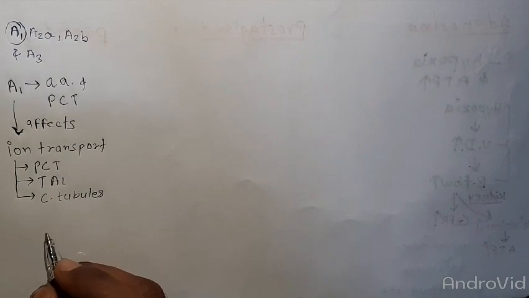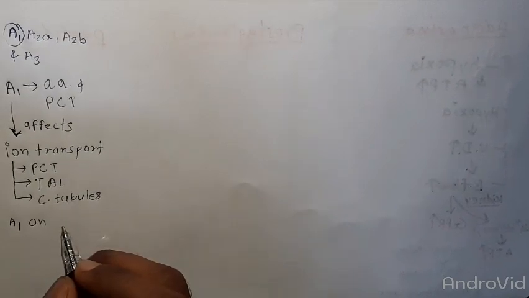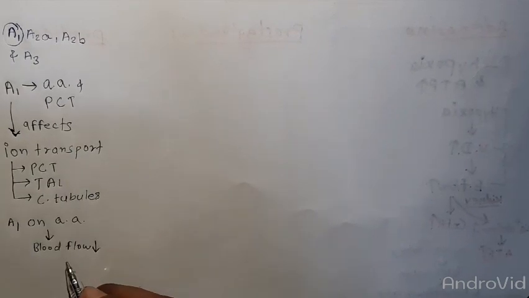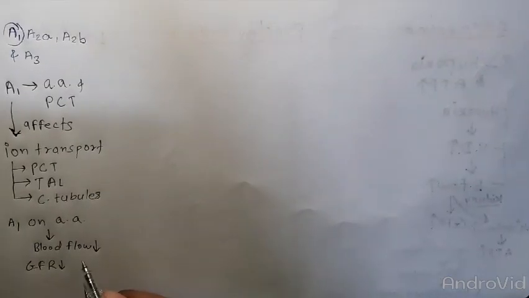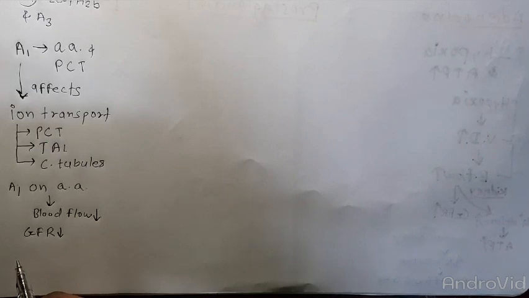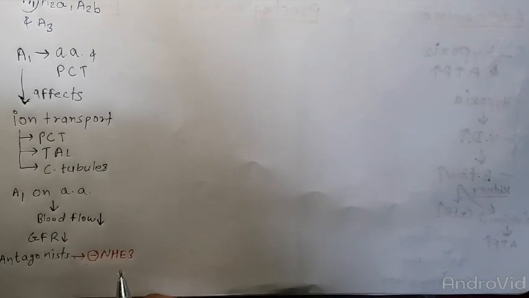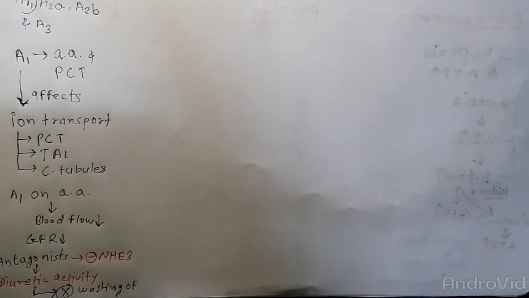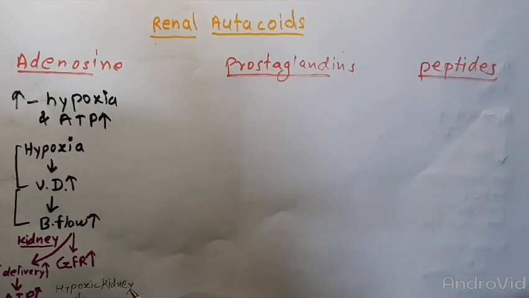In addition, the A1 receptors present on the afferent arteriole reduce the blood flow and the GFR. Adenosine antagonists have been found to block the sodium hydrogen exchanger activity, so adenosine antagonists show diuretic activity, and they do not cause wasting of potassium ion. So the adenosine is done.